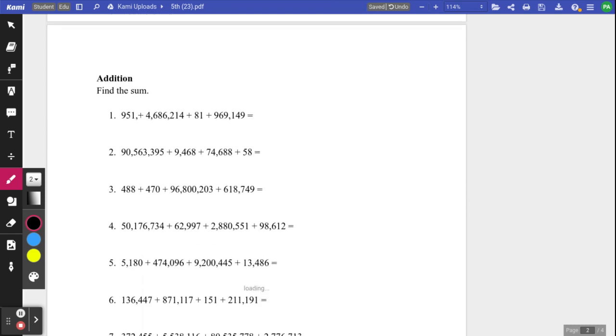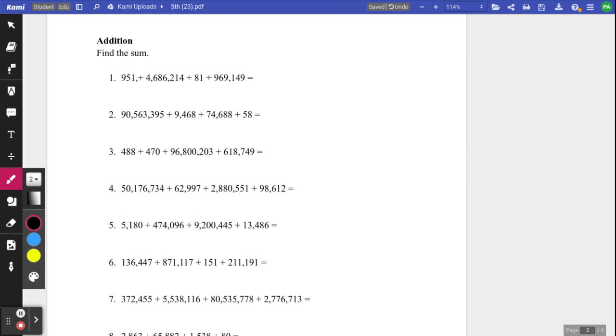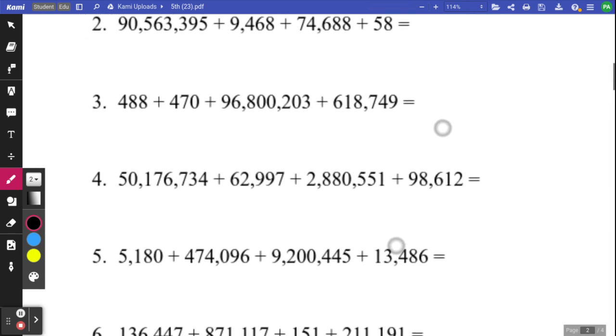Moving on. Now we're going to be doing addition, but this is going to be very big numbers. So how do you know what numbers to add to make it easier? Well, for me personally, I like to add the bigger numbers together. So let's look at number 4, for example.